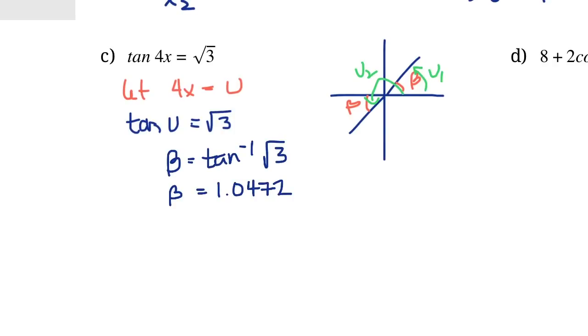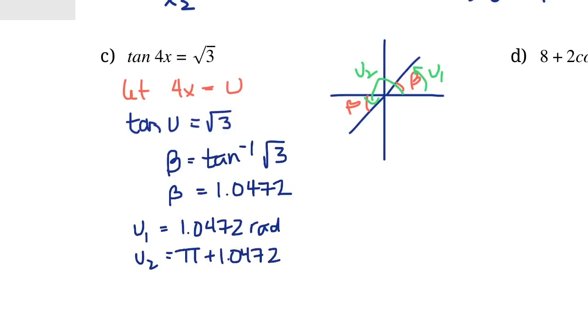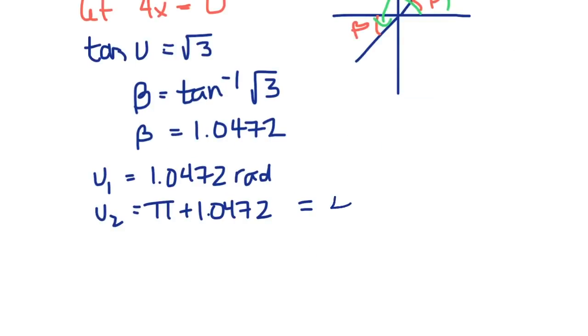We can do the same process as the previous question. u1 is just going to equal beta, so it's 1.0472 radians. And u2 is just going to be pi plus 1.0472, which comes out to 4.19 radians. And actually, let's round this one as well to 2 decimal places, 1.05 radians.